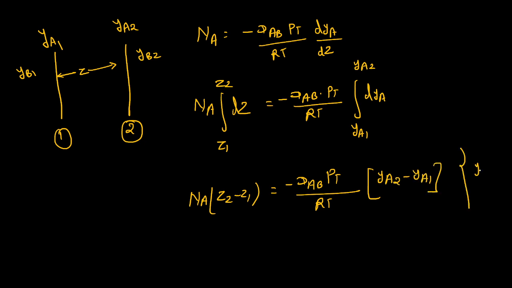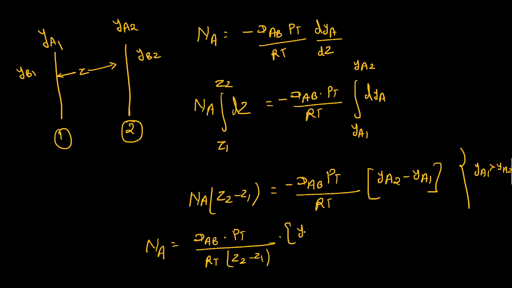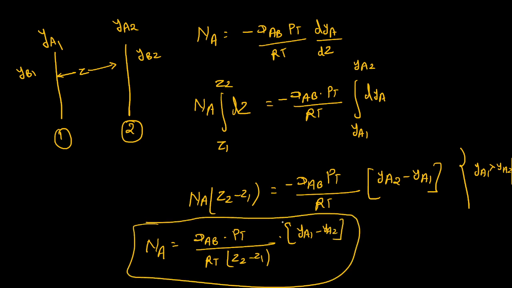And since YA1 is greater than YA2, you can write Na equals DAB into PT upon RT into Z2 minus Z1, into YA1 minus YA2. I have done nothing, only made this negative to positive.